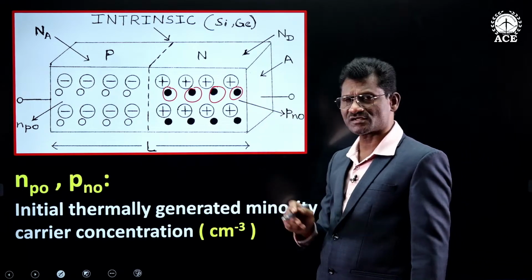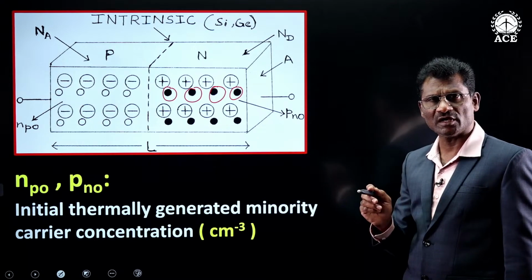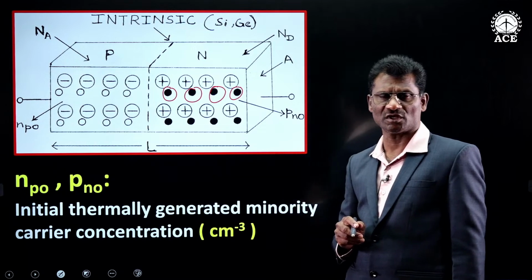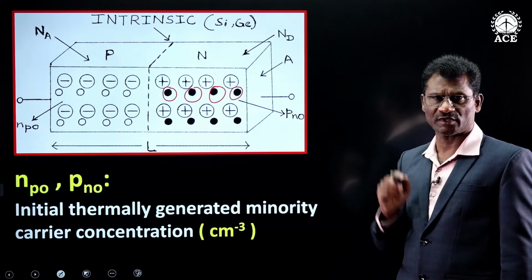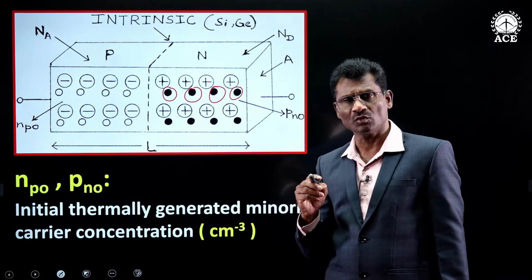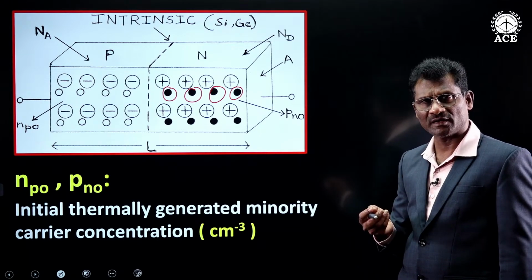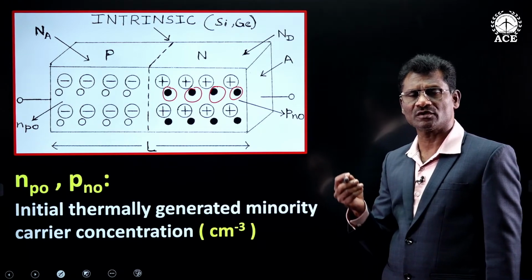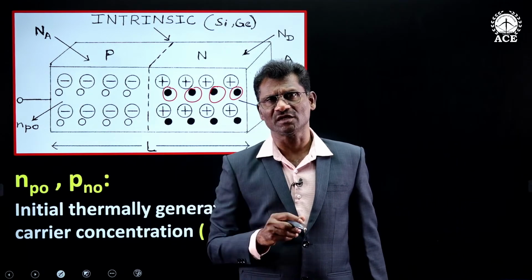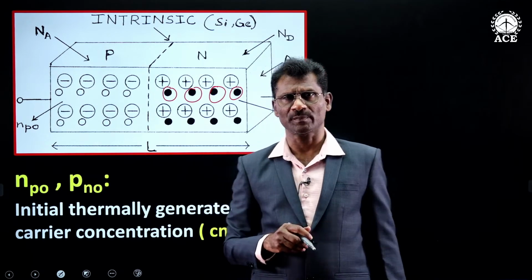And in the same N side, we get holes due to only one reason, that is electron hole pair generation. That EHP generation will occur due to room temperature. EHP generation means an electron moves from valence band to conduction band. To go to conduction band, it needs an energy equal to Eg, that is energy band gap. And that Eg, energy band gap, amount of energy is given by room temperature.